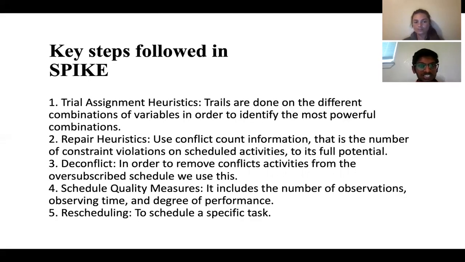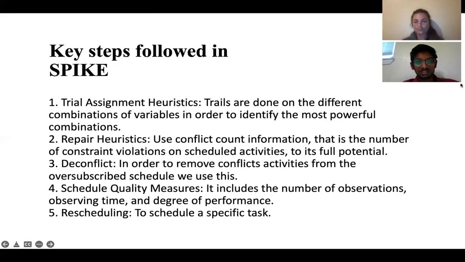So the key steps are trial assignment heuristics and repair heuristics. Trial assignment heuristics are nothing but the trials that are to be done on different combinations of variables in order to identify the most powerful combinations. And these repair heuristics use conflict count information, that is the number of constraint violations on the scheduled activities, and we will use it to its full potential.